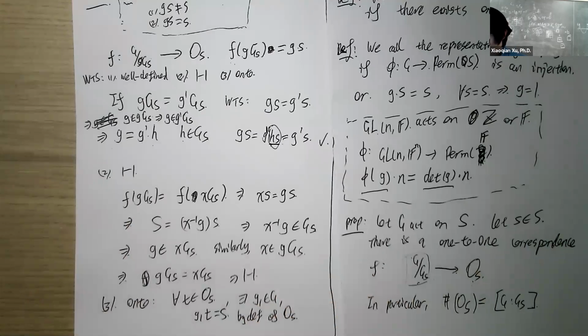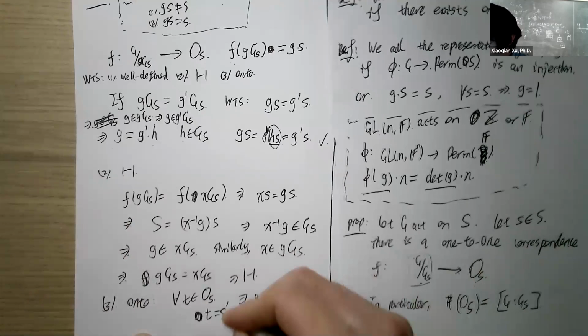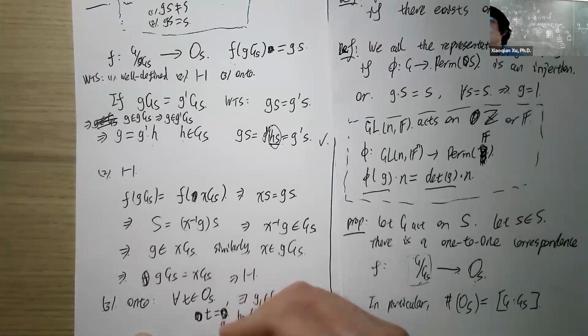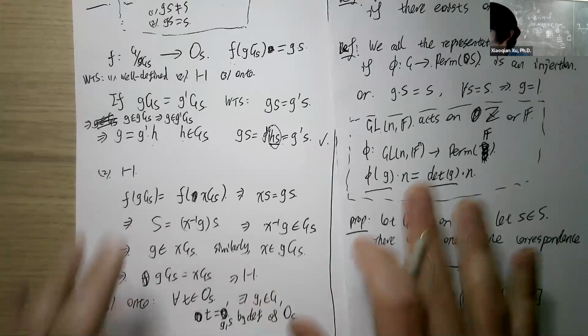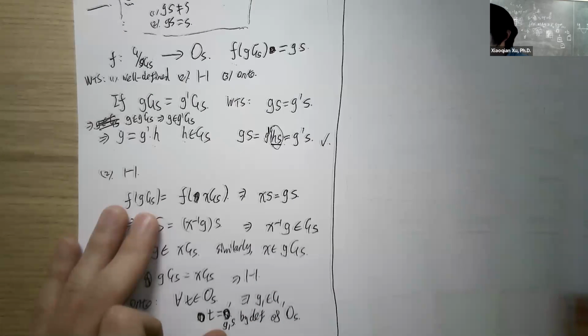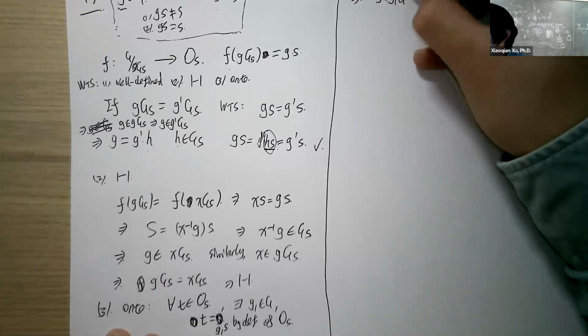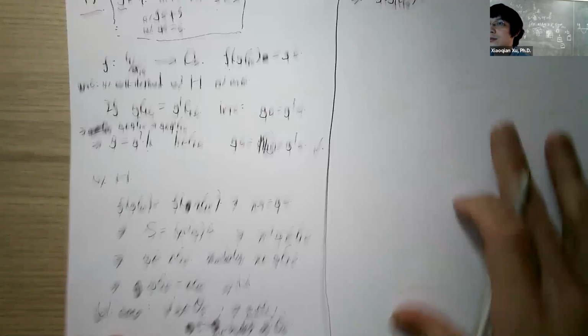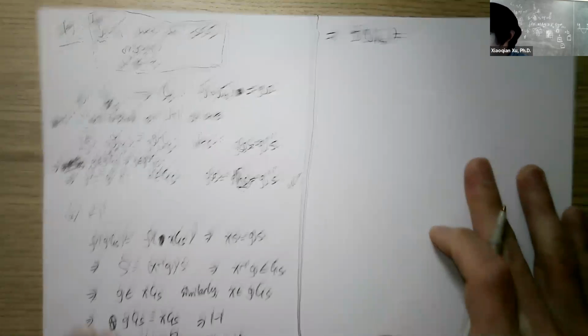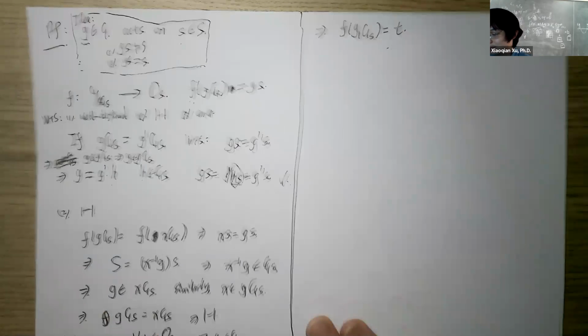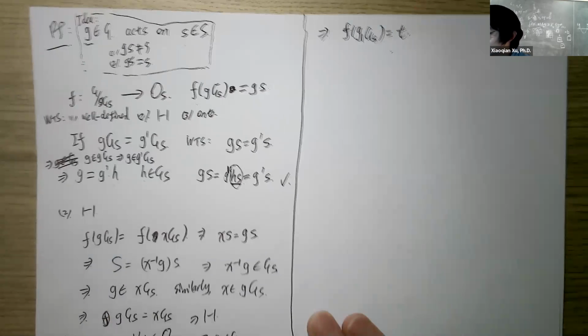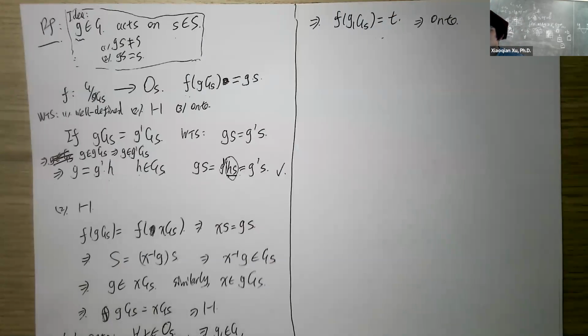Then F of g1 G_S is actually equal to T. So it's onto. Onto is very obvious.